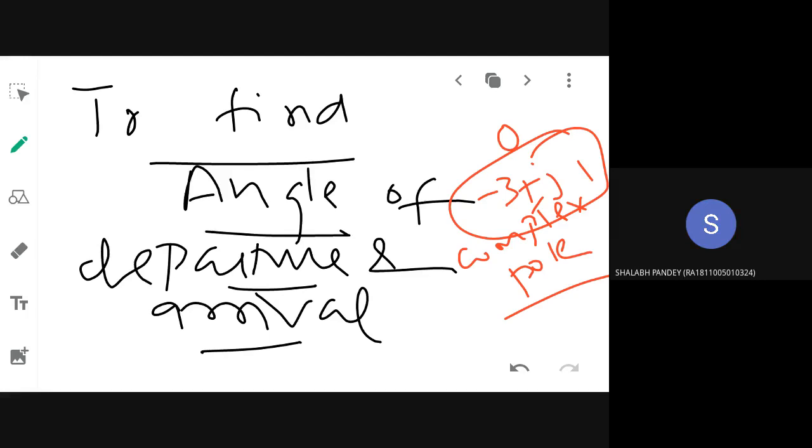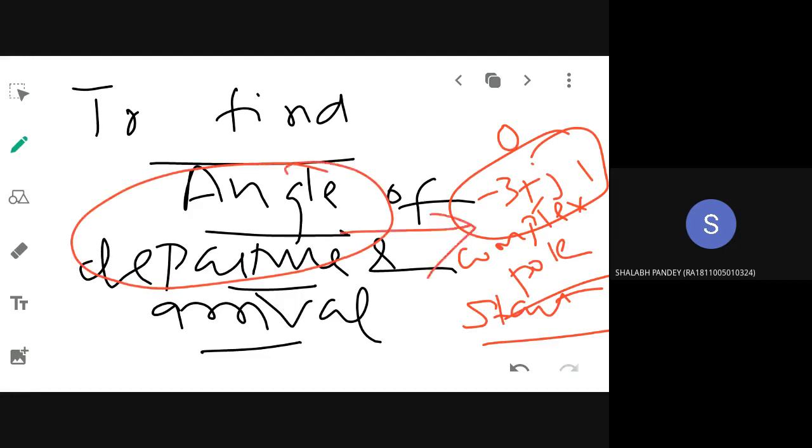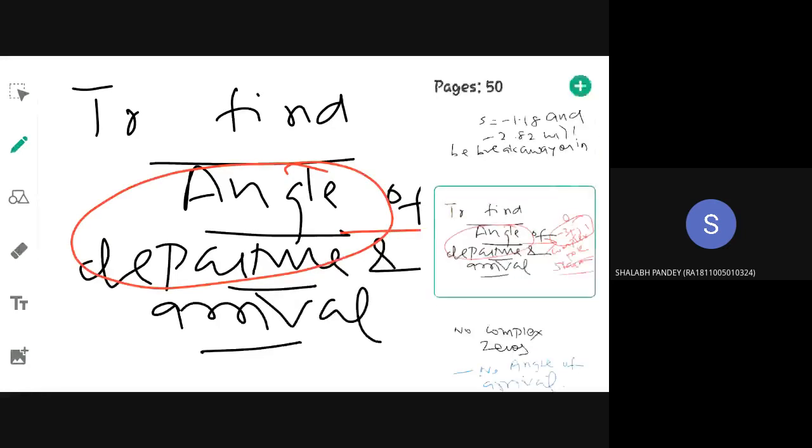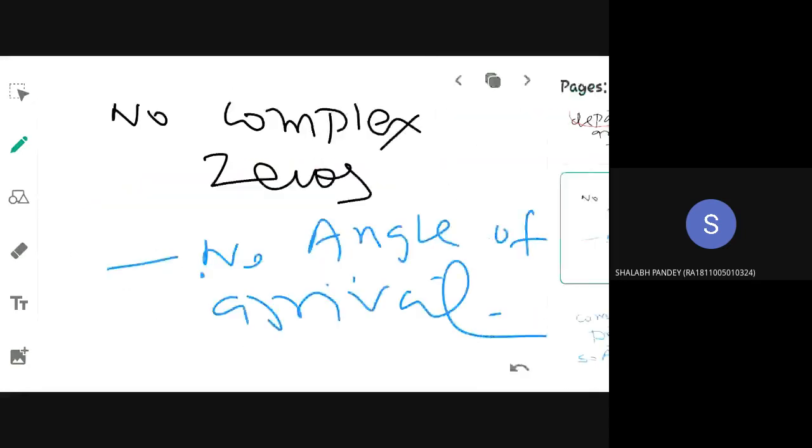I always tell that this pole is the start point. Start point means departure. So the angle of departure you need to find. On the other hand, if the problem has a complex zero, you will be having angle of arrival. But this problem does not have any complex zero, so no angle of arrival will be there.